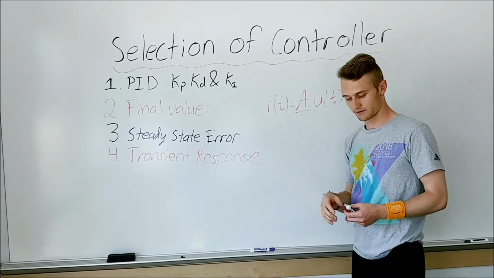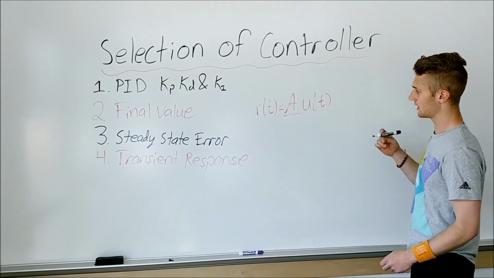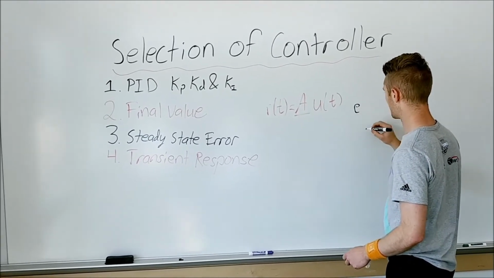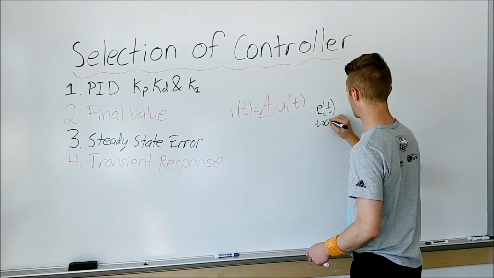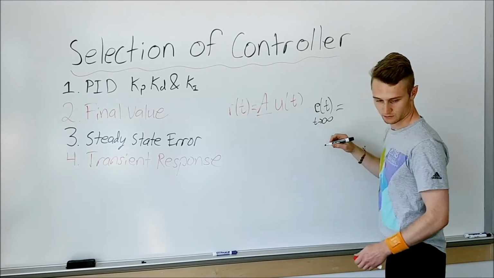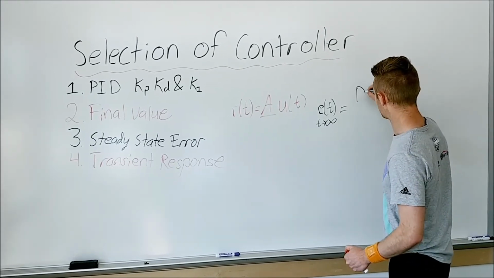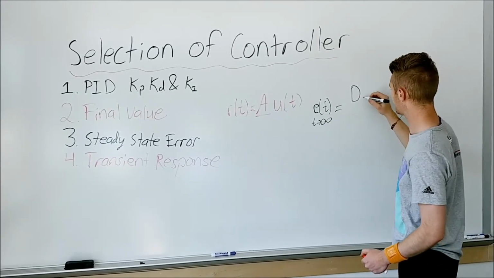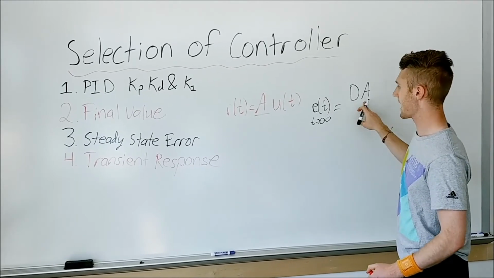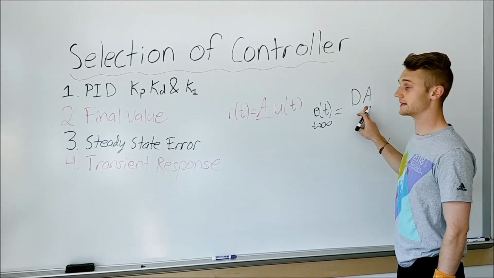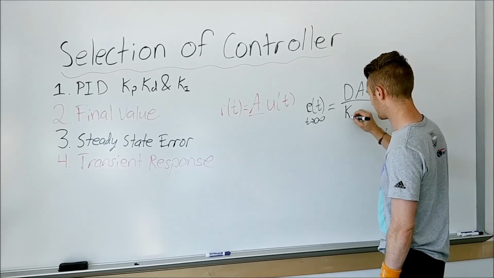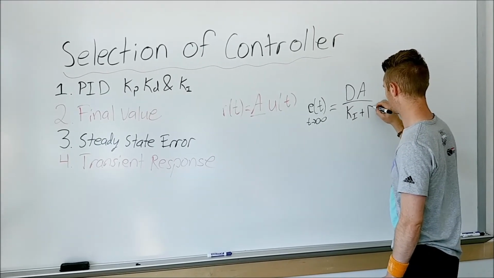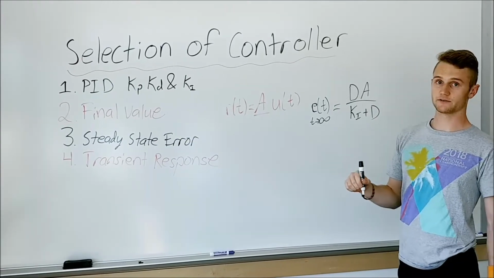The steady state error analysis showed us that the error as t approached infinity was going to be equal to d, damping coefficient, times the magnitude of the frequency input, the step response, divided by Ki plus d, same damping coefficient.